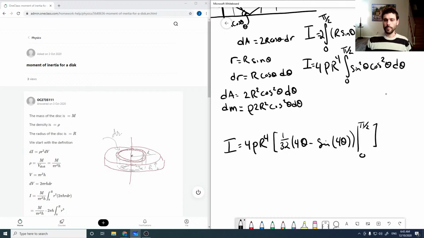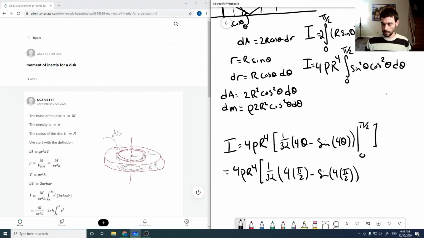So now plugging in our limits, 4 rho r to the 4th, 1 over 32, 4 times pi over 2 minus sine of 4 times pi over 2, minus 1 over 32 times 4 times 0 minus sine of 4 times 0.